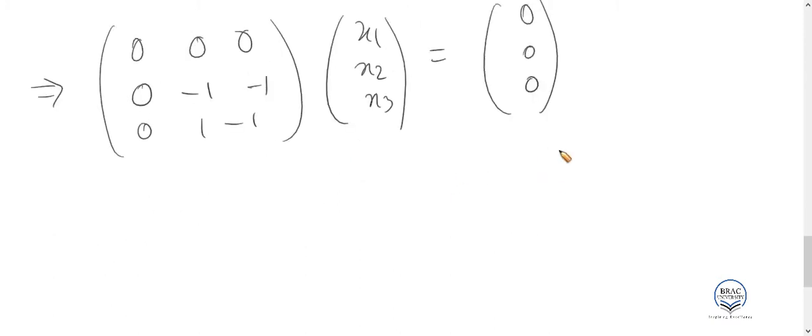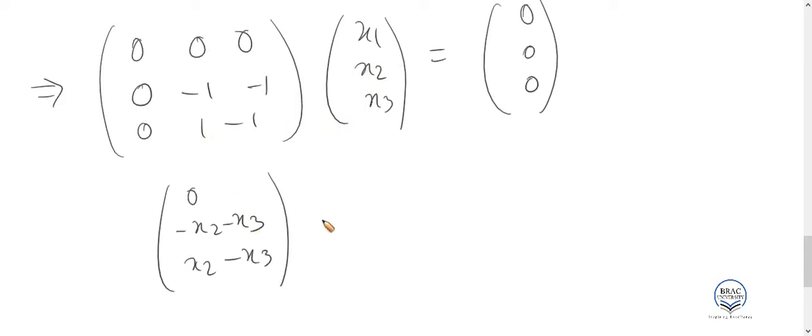And now if you want to solve for x1, x2 and x3, you can see that the first entry of the column will be 0, because 0 times x1 is 0, 0 times x2 is 0, 0 times x3 is 0, and then you will have minus x2 minus x3, and there you will have x2 minus x3, and the right hand side is just 0, 0 and 0.